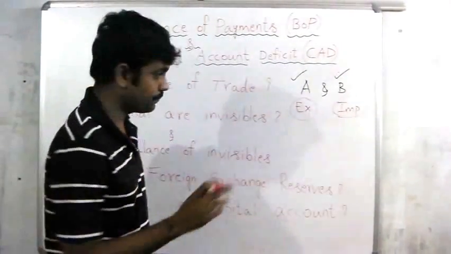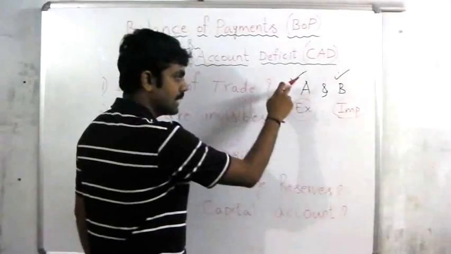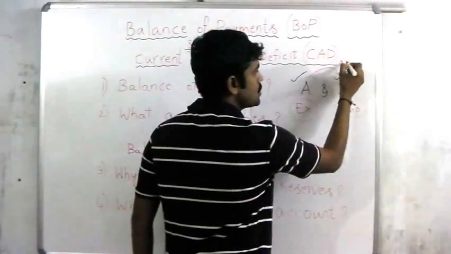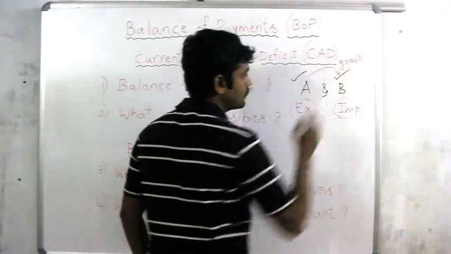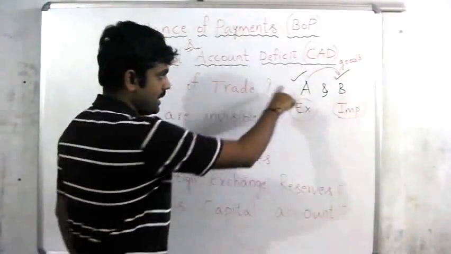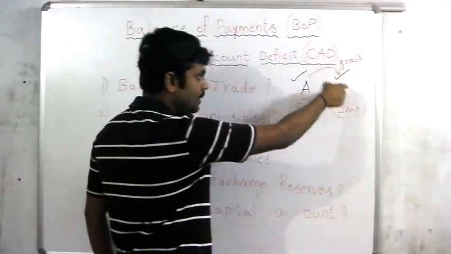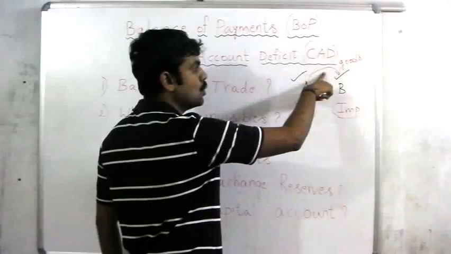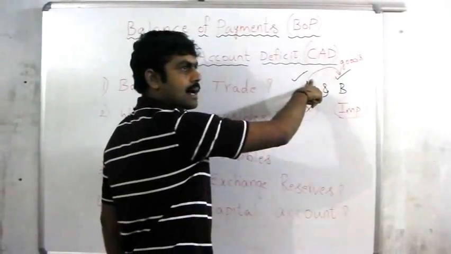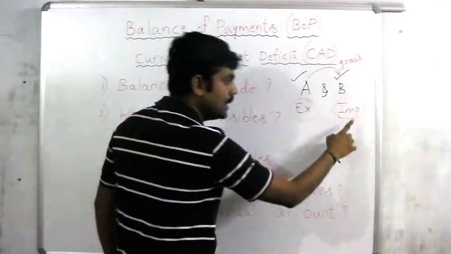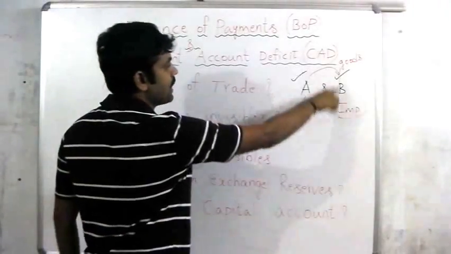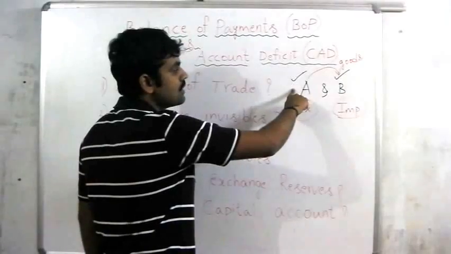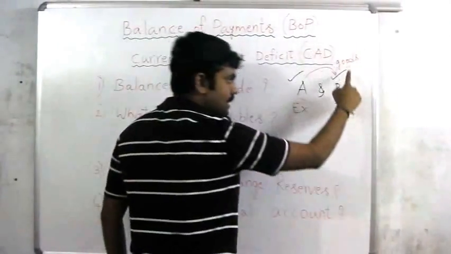I already told you, exporter means the country A is transferring goods to the country B. Since the country A is transferring the goods to the country B, A is an exporter. Since B is receiving the goods from a foreign country called A, B is an importer, and this is a trade between the two countries, as the goods are transferred from the country A to the country B.